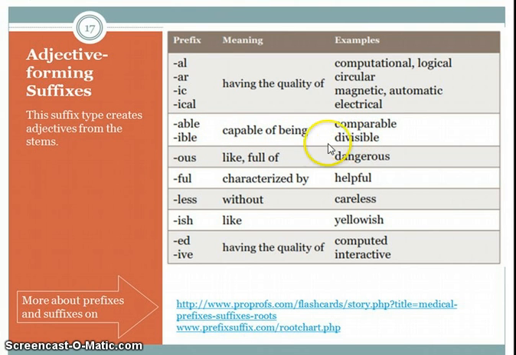Divisible, we can divide it. Ous or ful, it shows us that it's full of danger, dangerous, helpful, full of help. Less, without, he's careless, without any care. Ish, yellowish, bluish. And ed or iv, it also has the quality, interactive, computed.